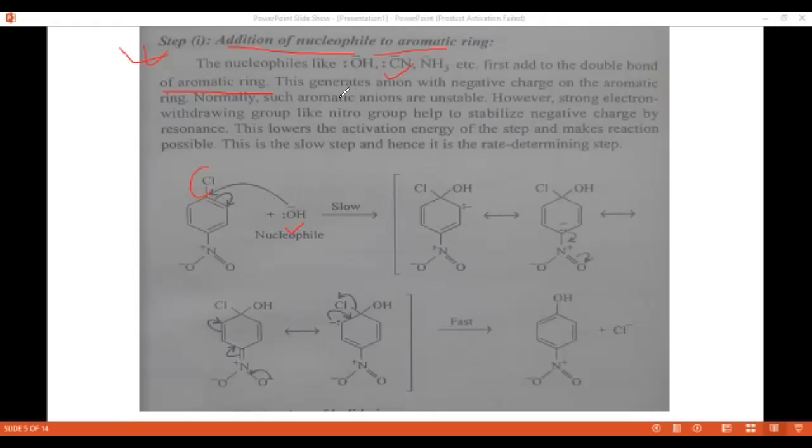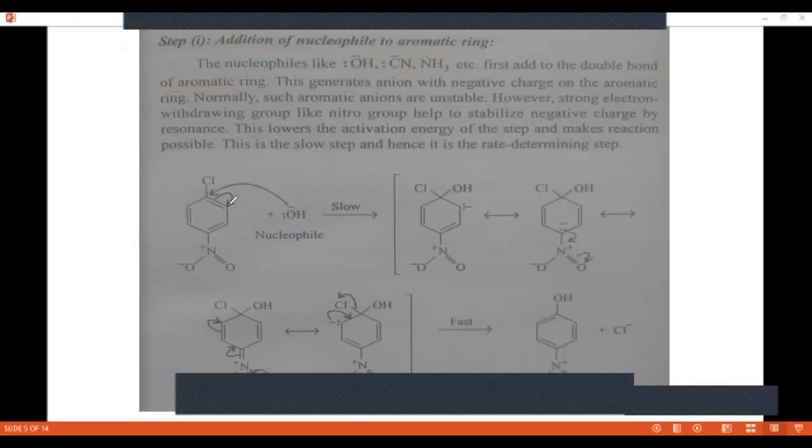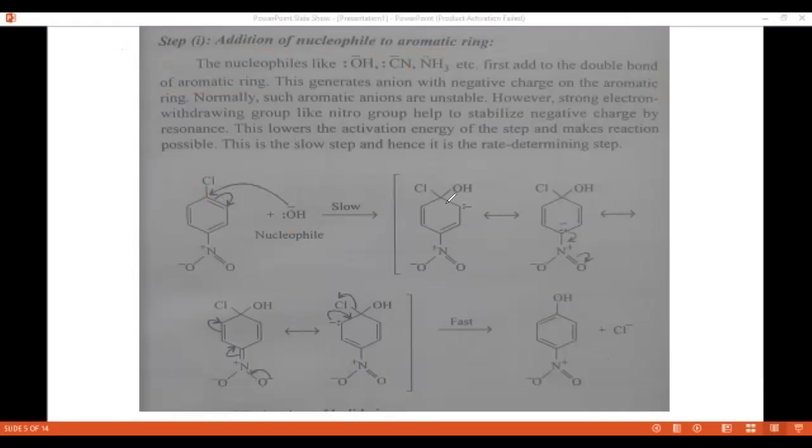This generates an anion when the nucleophile attacks this carbon atom. When the hydroxide ion attaches to the carbon atom, the bond breaks in the direction of the ortho carbon atom, and the negative charge is present on the ortho carbon.